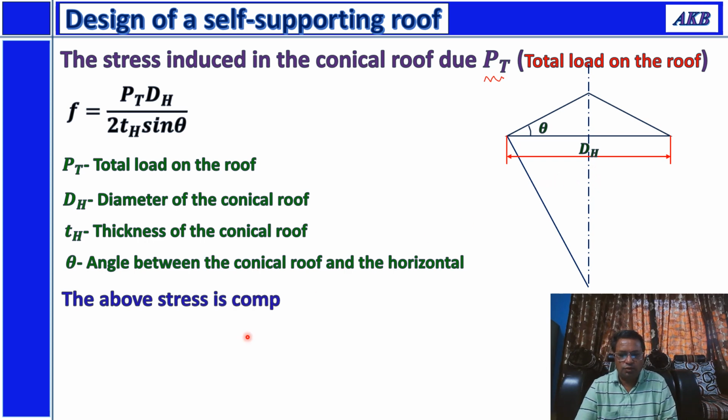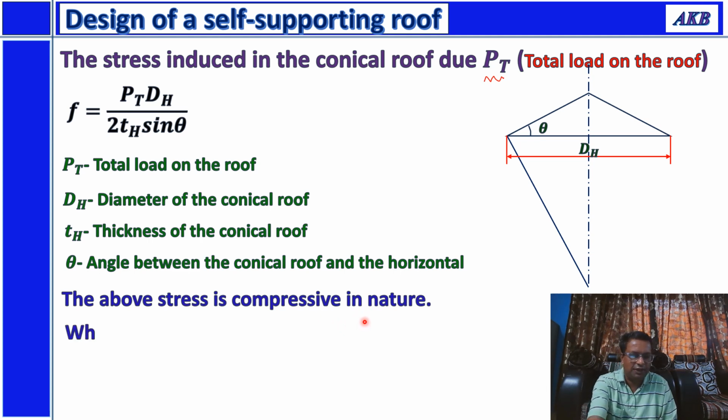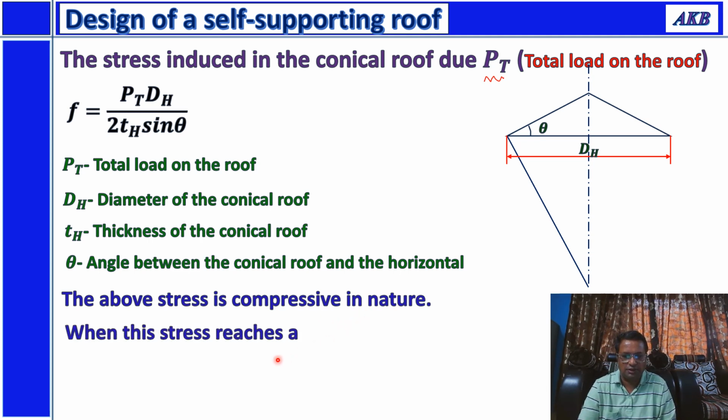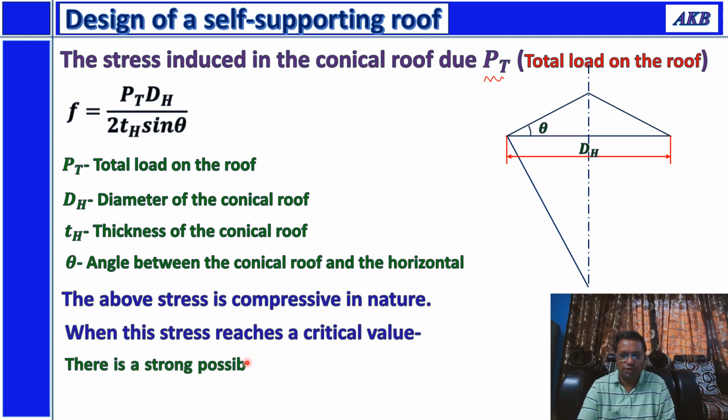Now this stress that will be induced is compressive in nature. So what is the significance of this stress? If the stress calculated by this equation, F, reaches a critical value, what is going to happen?